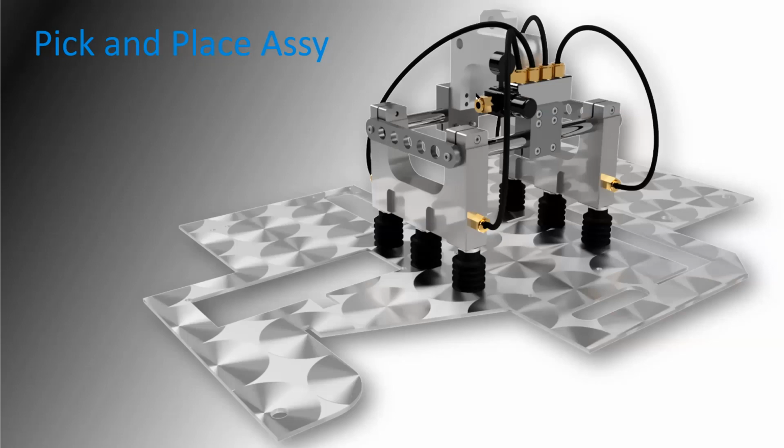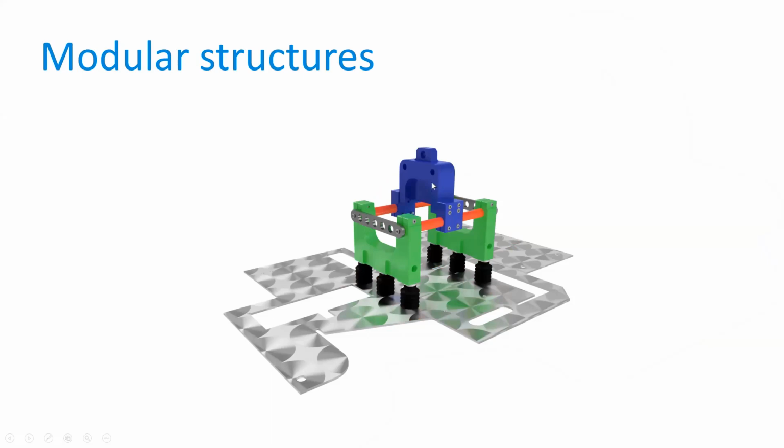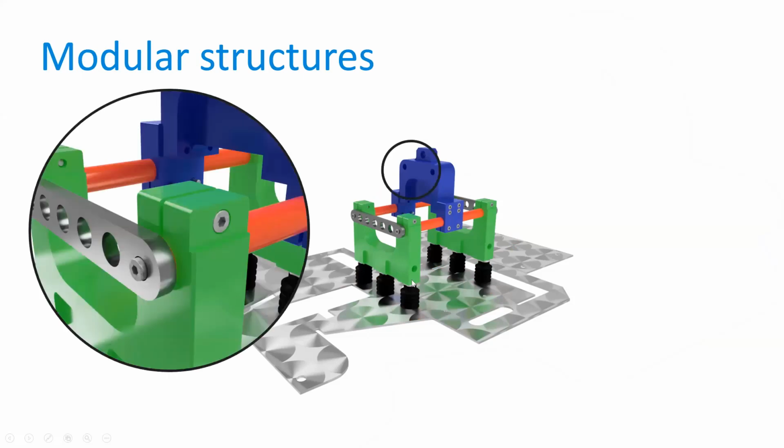The problem here is, I know that the pick and place has vacuum pumps, there are air channels, and there is a modular structure. Now, depending upon the weight of the modular structure, you need to go ahead and define your actuation system.